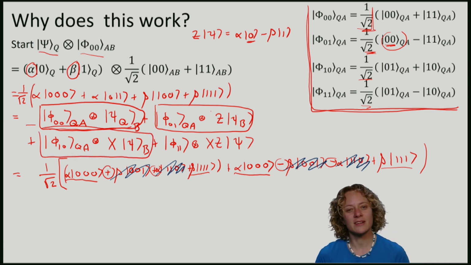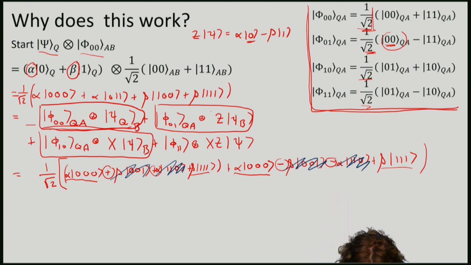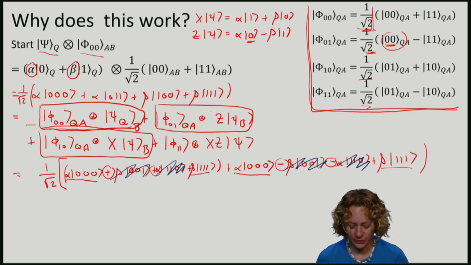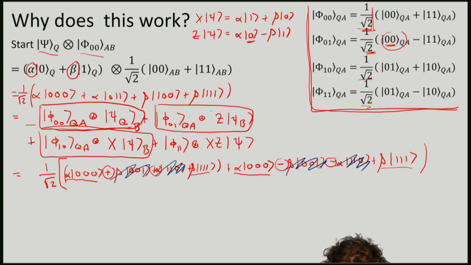And something very similar will happen here. To see that, let me first write out what is X applied to psi. So we have alpha, swap the bit, plus beta 0. So let me expand this. We have this Bell state here. So what do I have?